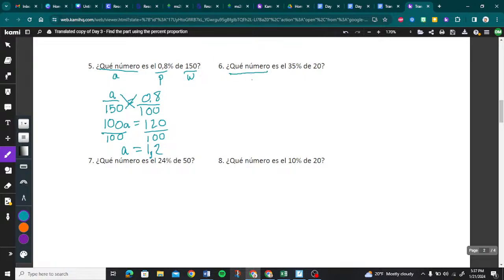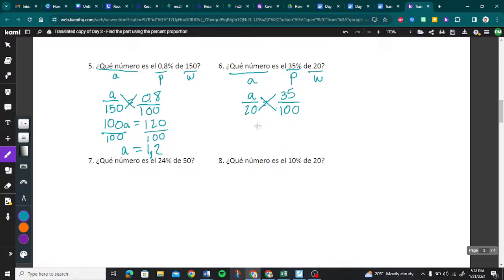Que numero es la part. 35 es la percentage. It's la part, not el part. Es la part. 35 es la percentage. And 20 es el todo. So, la part, el todo, el percentage, and 100.